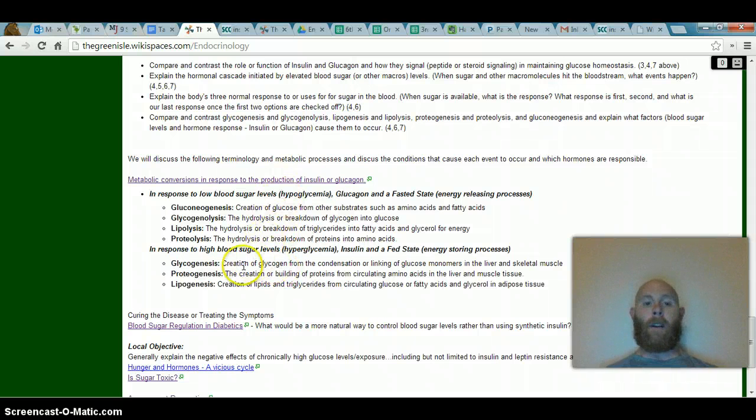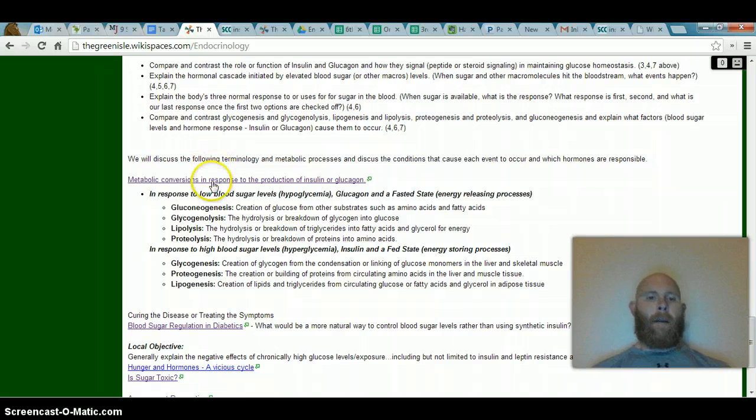Insulin also stimulates proteogenesis. Again, genesis means creation, so the creation of proteins from amino acids that are floating around your bloodstream, or it's going to stimulate protein synthesis. Lipogenesis. Insulin will also stimulate the creation of triglycerides from fatty acids or even extra glucose floating around the bloodstream.